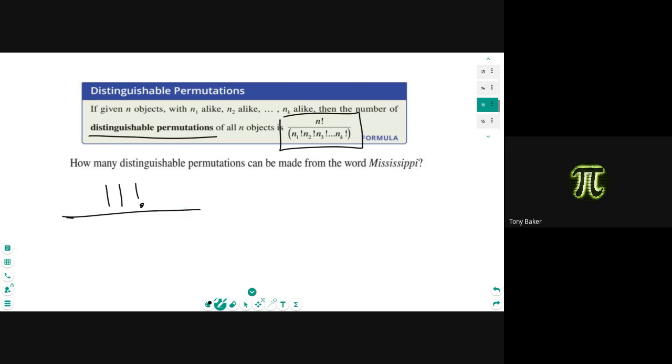How many M's? How many I's? Yep. How many S's? How many P's? These 4 numbers down here should add up to that. If they don't, you screwed up.